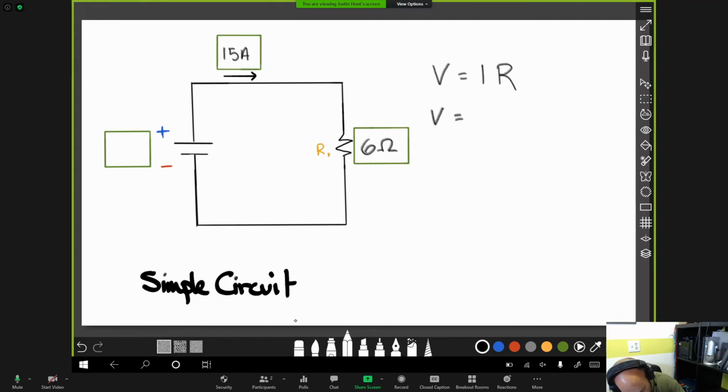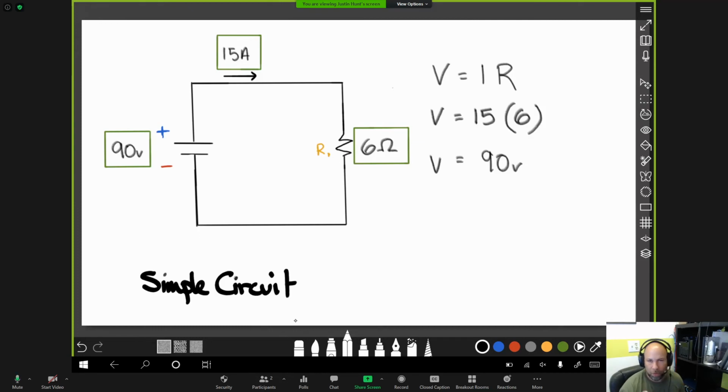We do know we have 15 amps of current and we have a component providing 6 ohms of resistance. And then look here. We just got a simple straightforward multiplication problem. So let's do this. We know 15 times 6 is 90. V, volts, is equal to 90. 90 volts. Let's honor the symbols there. Boom. And that's our circuit.